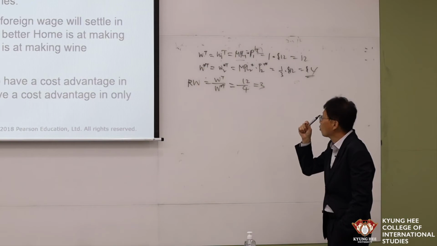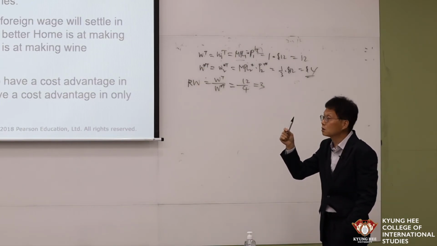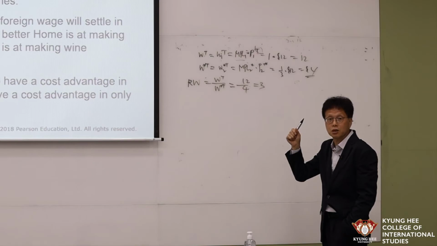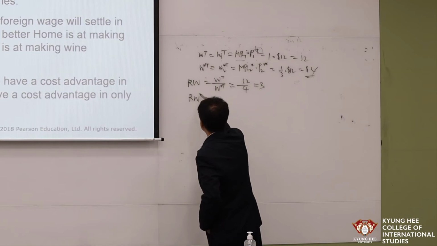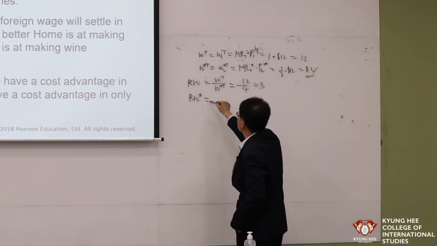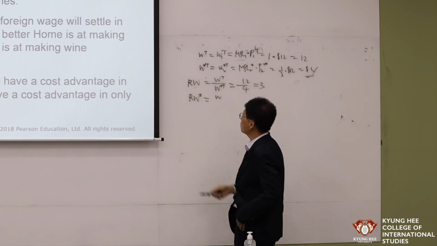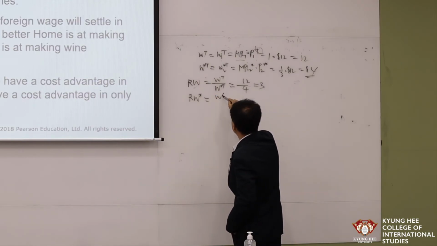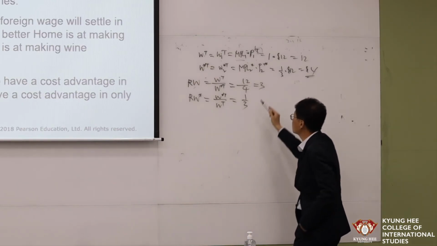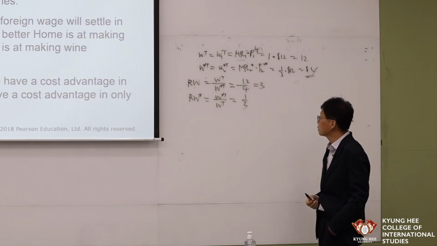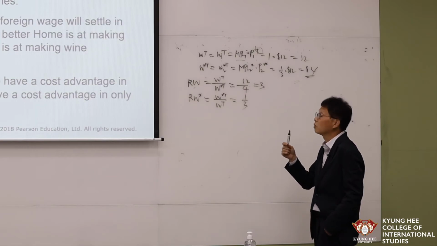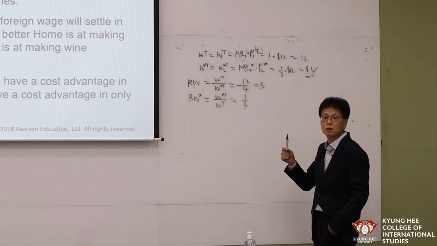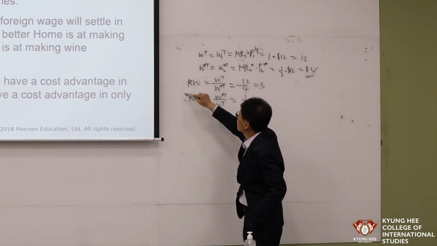The home country's wage rate is 3 times the foreign wage rate after trade. Right? Also, I ask you to calculate the relative wage rate in foreign. This one is by definition the reciprocal of the relative wage in home. So W T star over W T. That is a third, the reciprocal value of the relative wage in home, right? The foreign country's wage rate is just a third of home's wage rate. Okay?